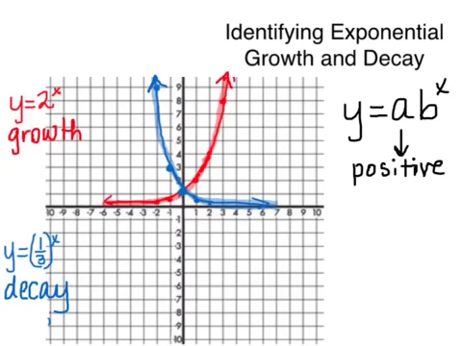An exponential function has this format, and assuming a is positive, then you have two ways you can tell whether it's growth or decay without ever having to graph it. You look at the base b, and if b is greater than 1, that means it's going to be growing.